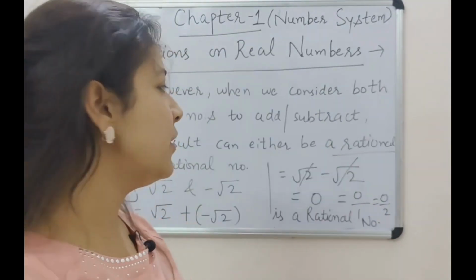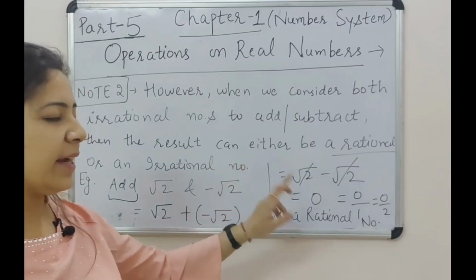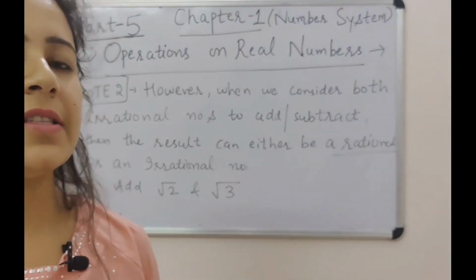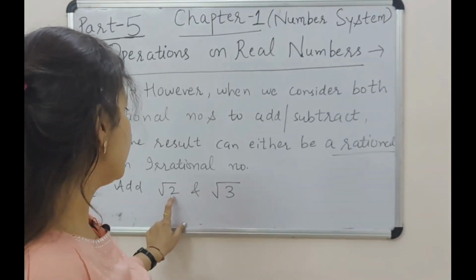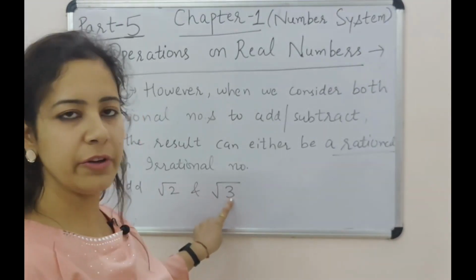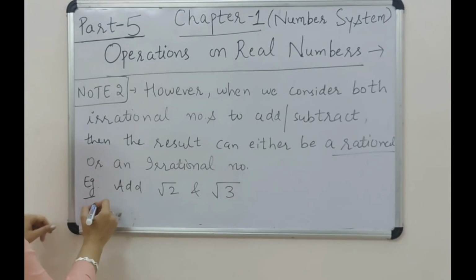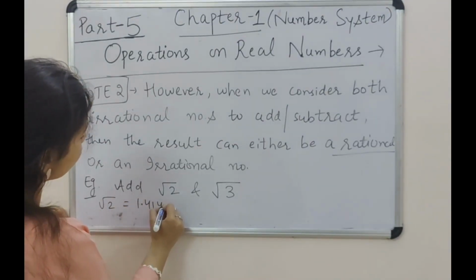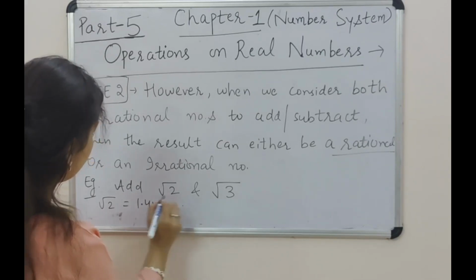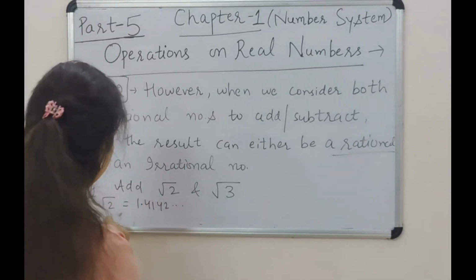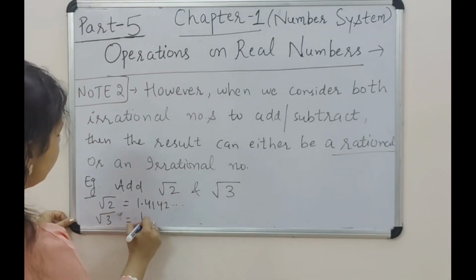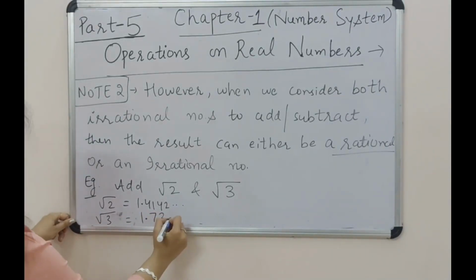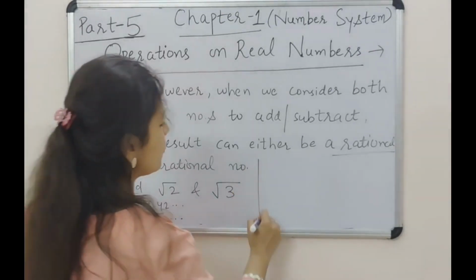The next example, I am considering both irrationals, but in that case my answer will be an irrational. Friends, now I have considered these two irrational numbers: root 2 and root 3. Let's try them. We know the approximate value of root 2 is 1.4142 and so on, and root 3 is 1.73 and so on. Let's add them together.